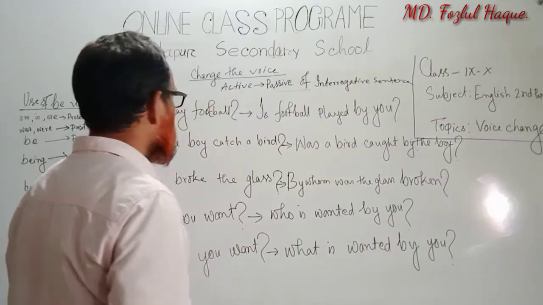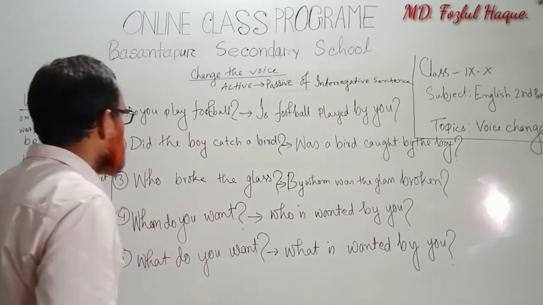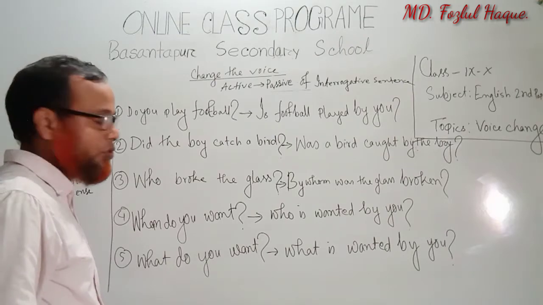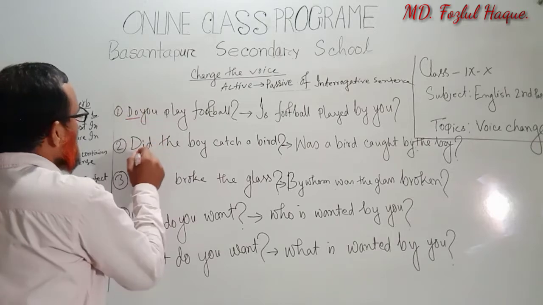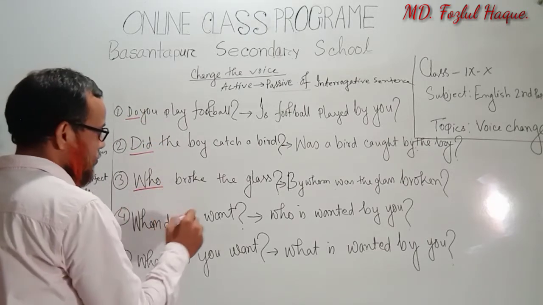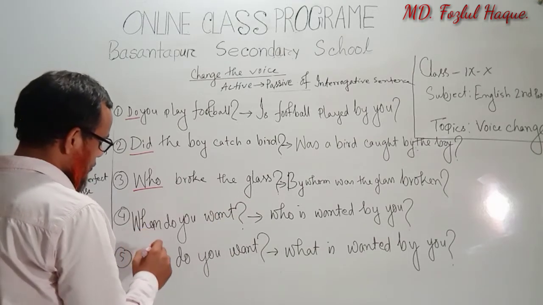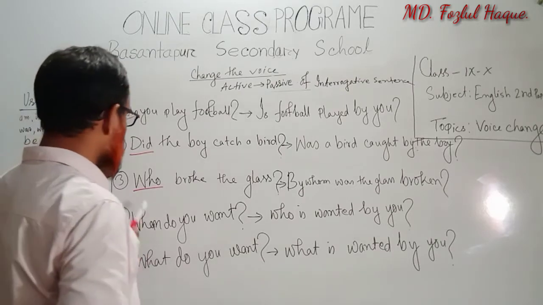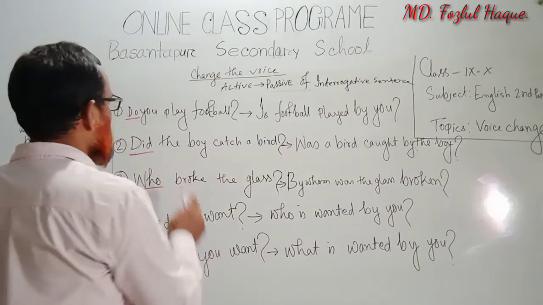Now I want to teach you the passive voice of interrogative sentences. You know, an interrogative sentence starts with an auxiliary verb or a W word. The auxiliary verb and the interrogative pronoun are used to make a question.